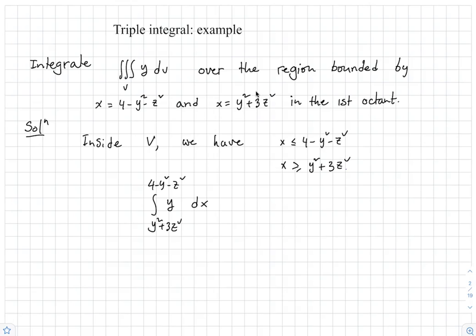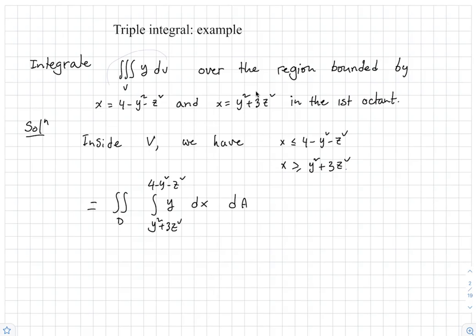Then we will be solving the other part of the integral iteratively. For now, we don't know the boundary of the other two variables, so we split the integral into a double integral which is outside and a single integral which is inside.